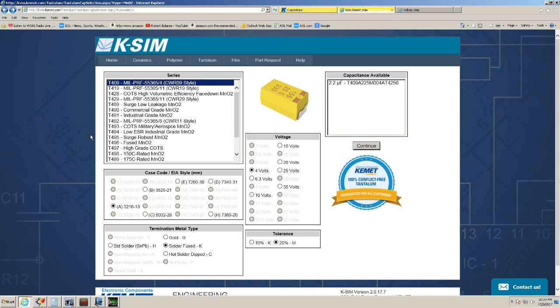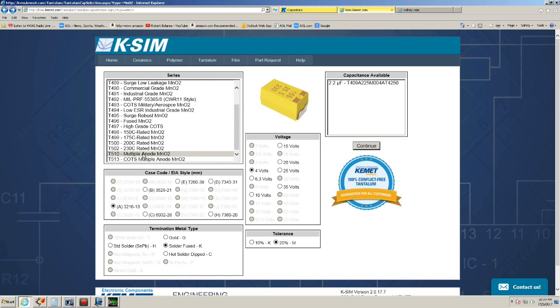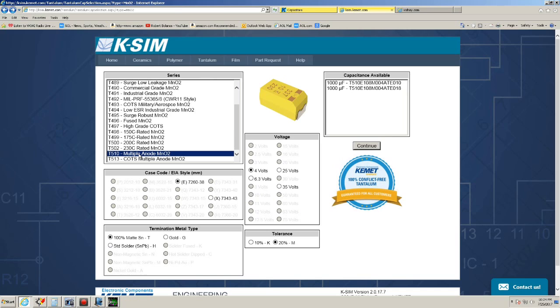There's an X size, and since we're powering 12 volts, we double the voltage, so we get a 25. In this case, you can get up to a 68. Let's click on that.